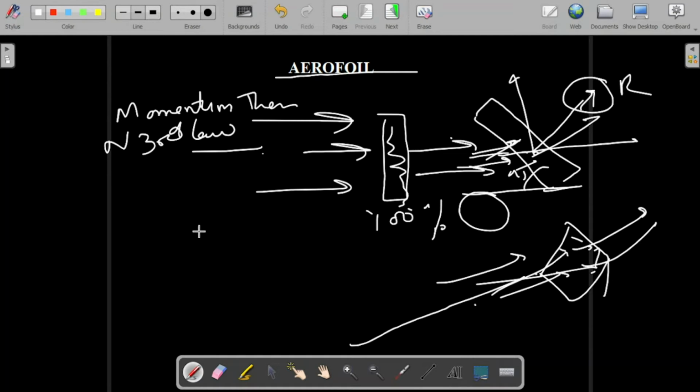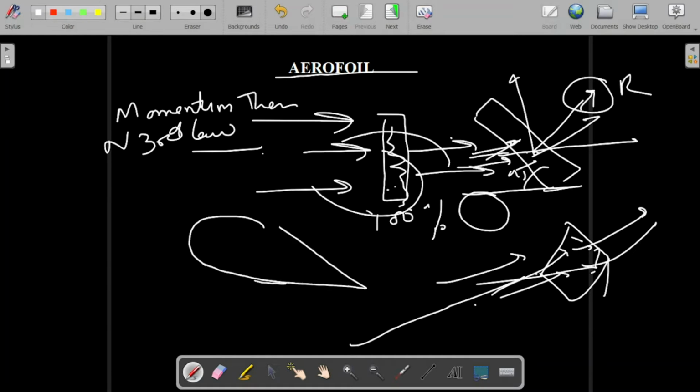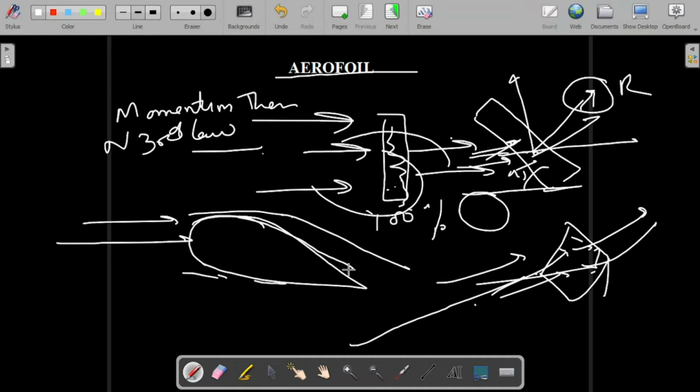Okay, another theory is about Bernoulli's Principle, which actually does not apply to this kind of plate or section. Let's make a section like this in which air is flowing, and the air which is flowing in the upward direction has a smooth curved path to flow, as compared to the downward, because it has a hindrance.